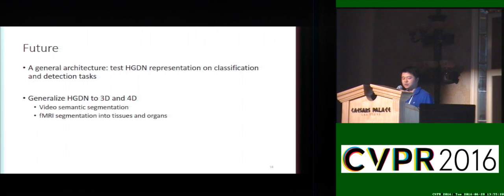Also, we will consider generalizing the architecture from 2D to 3D or even 4D. Then we will be able to test the proposed architecture for image segmentation tasks as well as 4D medical imaging datasets.